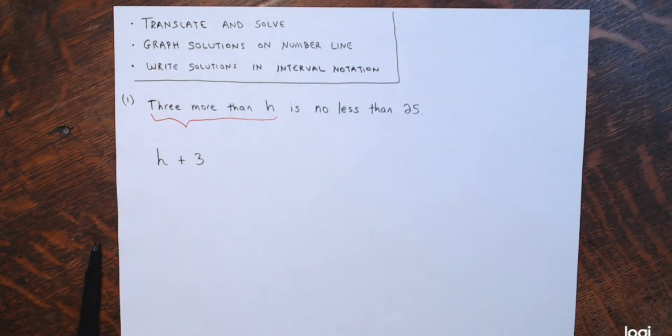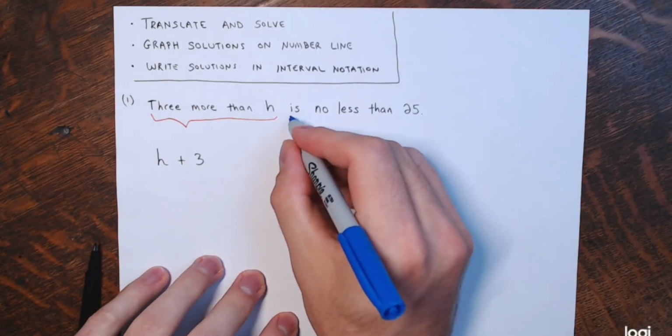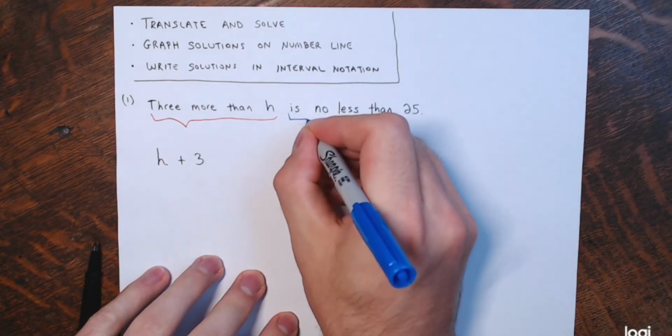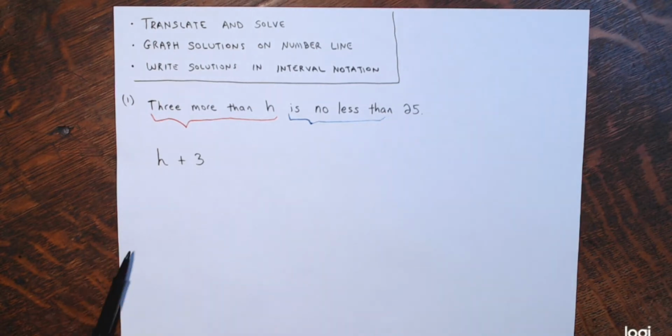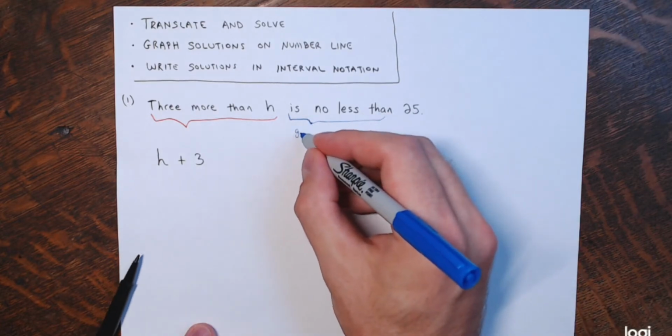Now the verb, which usually will begin with some sort of form of to be, like is here. Is no less than 25. Now is no less than is not less than. Well, if you're not less than, that means you're greater than or equal to.